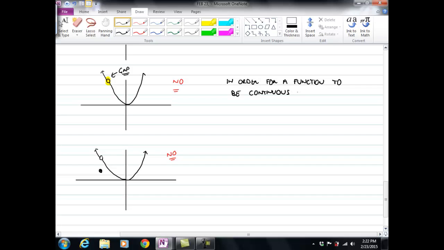It must satisfy these three criteria. All of them. If one of them does not work, the function is not continuous.